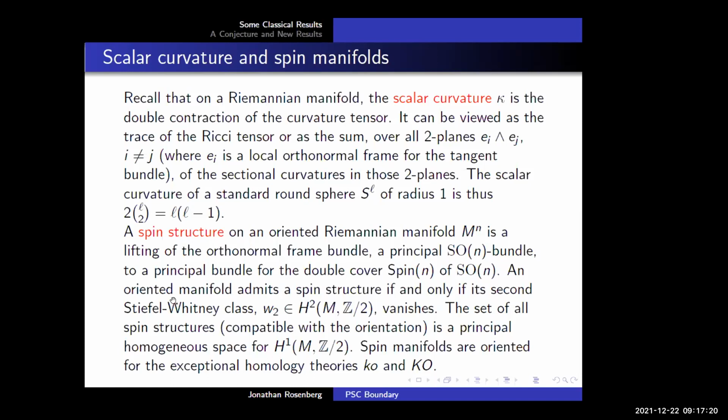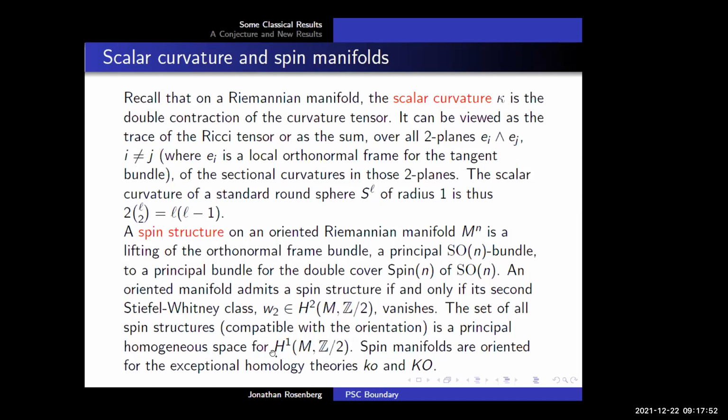And an oriented manifold has a spin structure if and only if the second Stiefel-Whitney class vanishes. So that's basically the obstruction to creating this lifting. When you have a lift, it's not necessarily unique, but the set of all spin structures that are compatible with the orientation is a principal homogeneous space for H^1(M; Z/2).